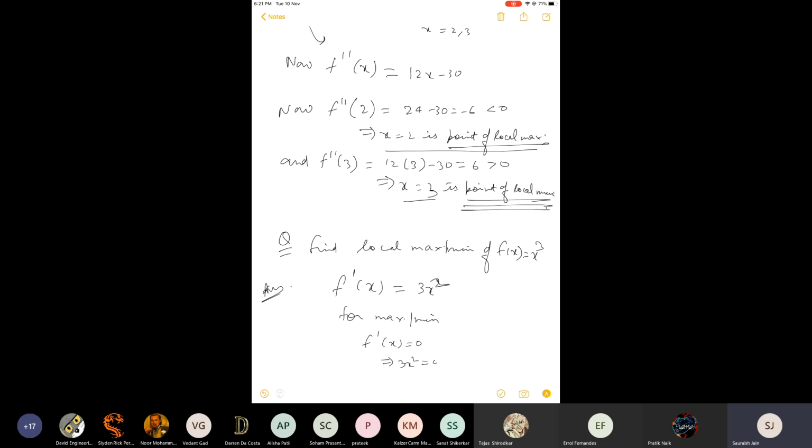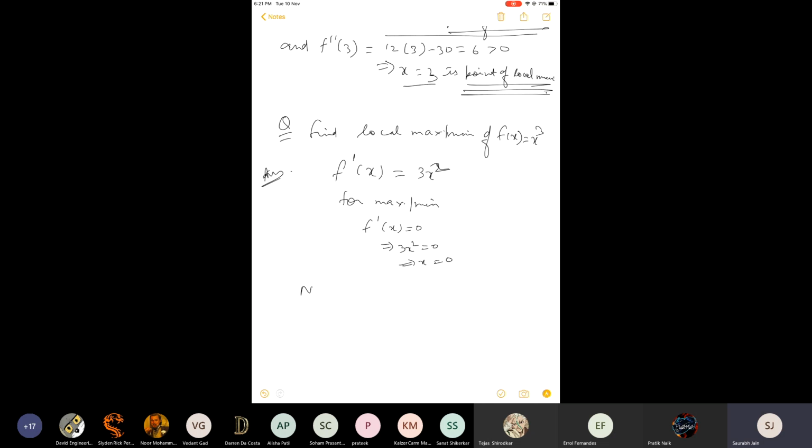It will give only a single value, x equal to 0. Now f double dash x, see this. F double dash x means the second derivative, 6x. So obviously you have to put only this value of x here. This will come out to be 0.